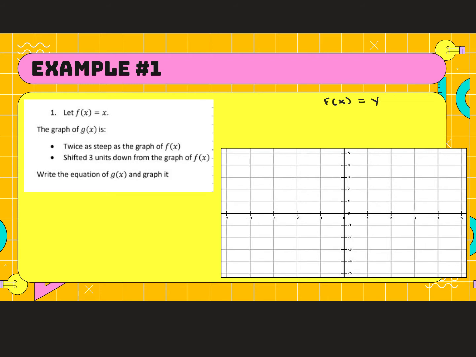We'll make our parent function blue like it was before. All right, so remember our parent function is always y equals x. So we start at the y-intercept, up 1 over 1, down 1 over 1. And I'm going to try to make my line as straight as possible.